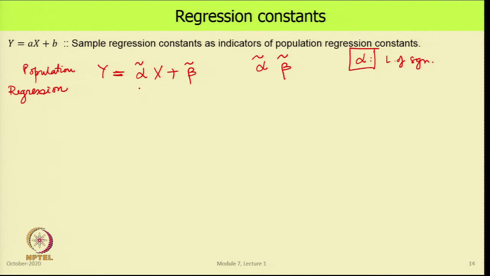So, our experiments, whatever A1, B1 we get, are estimators of alpha tilde and beta tilde, and we have to give an interval estimate.